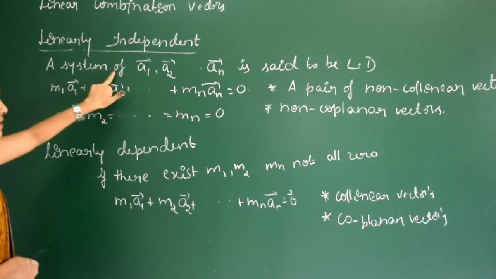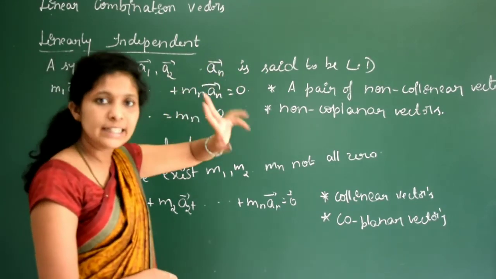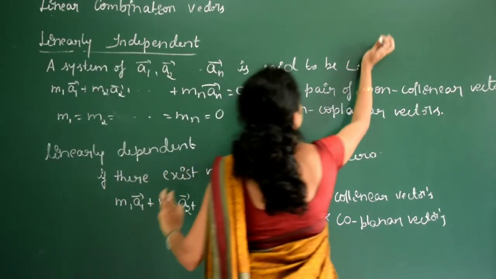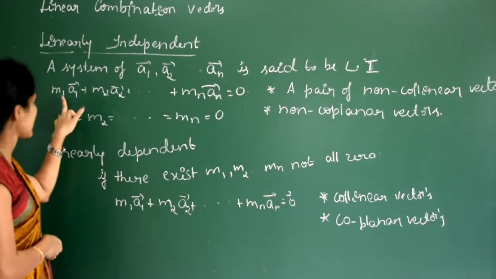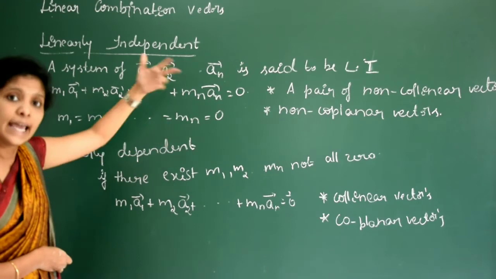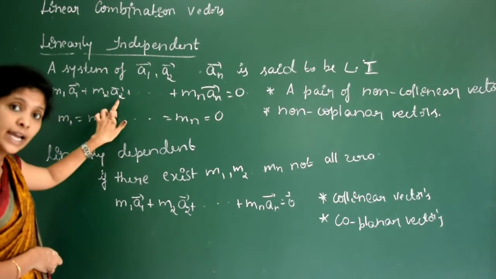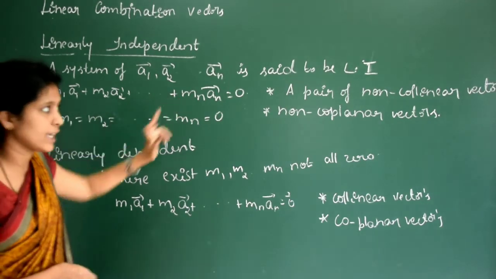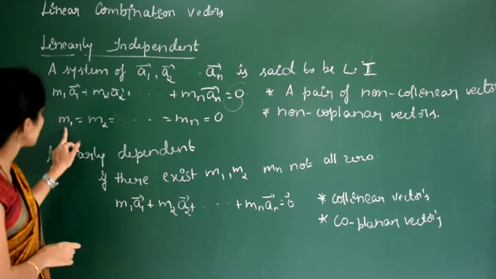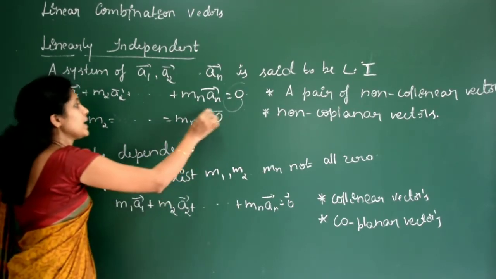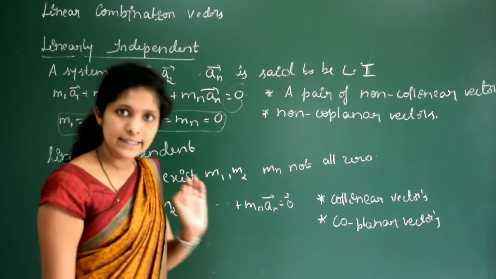See, a system of vectors A1, A2, till An is said to be linearly independent if there exist constants M1, M2, till Mn such that M1 into A1 vector plus M2 into A2 vector till Mn into An vector is equal to 0 only when those constants M1, M2 till Mn are all equal to 0. Then we can say that those are linearly independent.